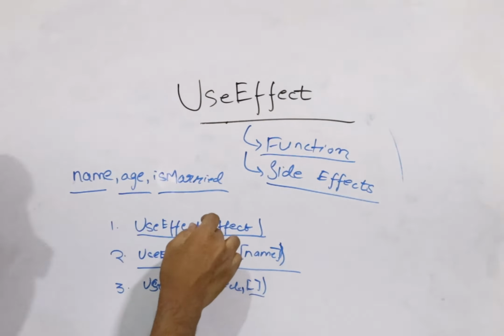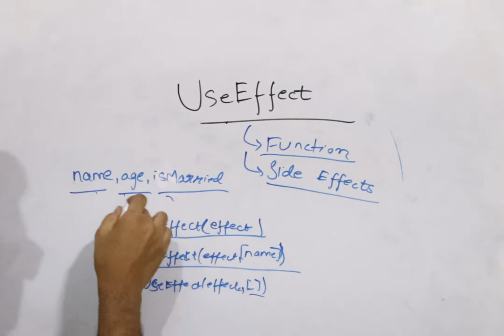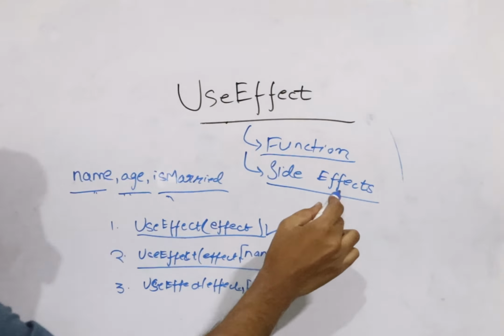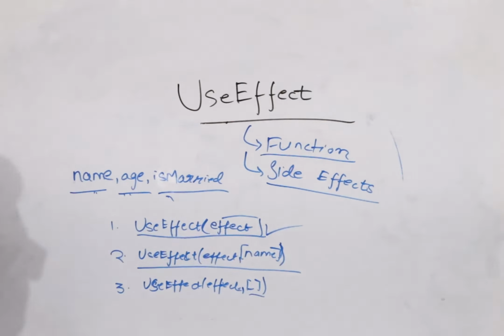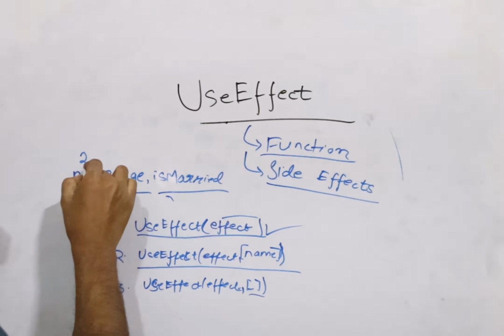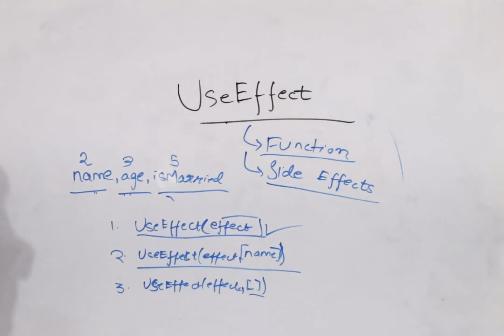What happens in the first case is, if any one of these states changes, name, age or isMarried, the effect will trigger. So let's say name changed 2 times, age changed 3 times, and isMarried changed 5 times.